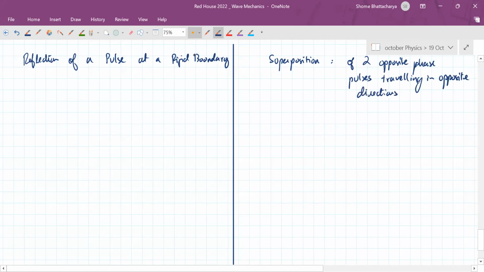If we compare these two situations, it gives us a very nice way to understand the shape of the pulse as it progresses.